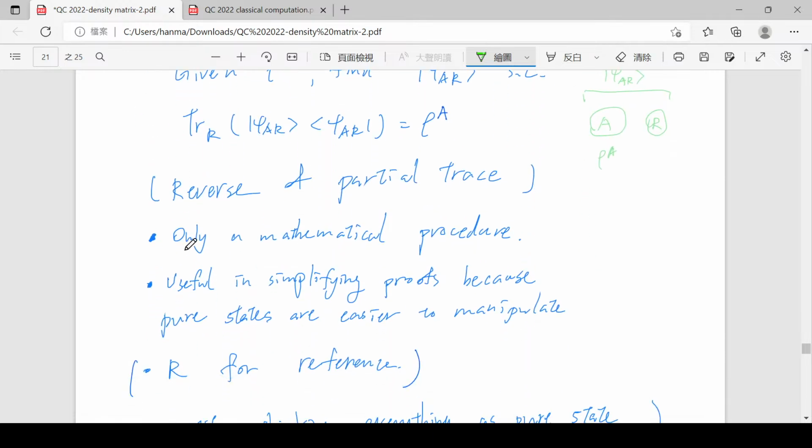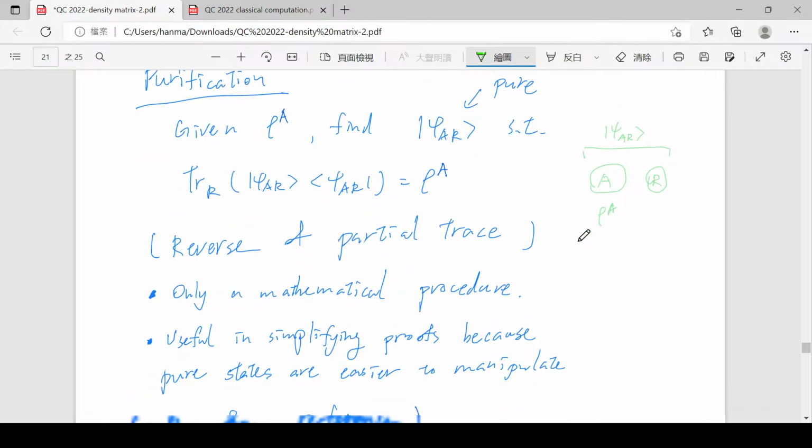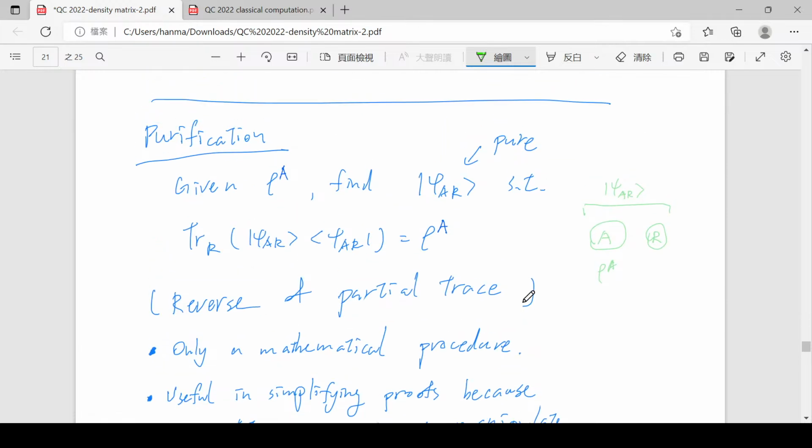And the first thing to note about this, I guess this is a confusion point, is that this is only a mathematical procedure. So this "find" here is some calculation. You want to calculate something that will satisfy this.